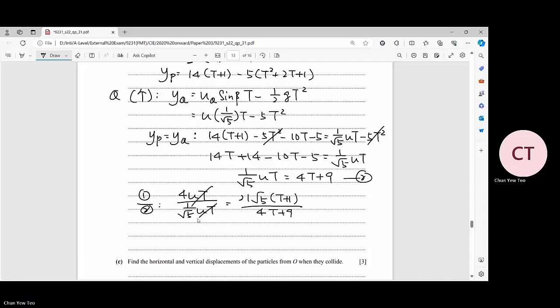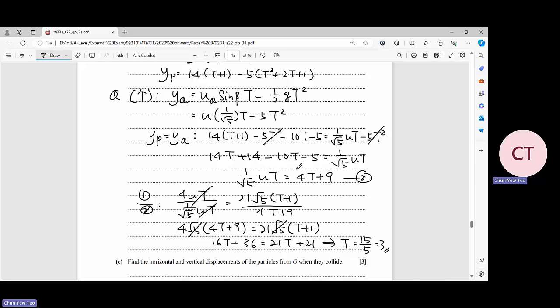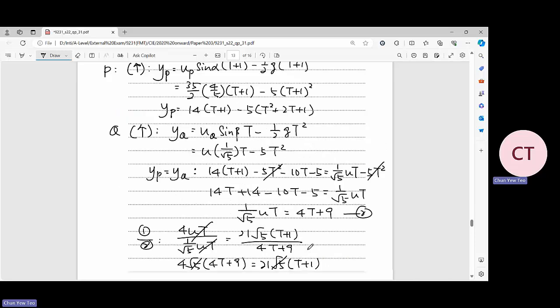Cancel it, so this one will be 4 sec 5 (4t plus 9) equal to 21 sec 5 (t plus 1). Cancel the sec 5. 16t plus 36 equal to 21t plus 21. So you have 15, so t is 15 divided by 5, equal to 3. That will be the answer for part B.